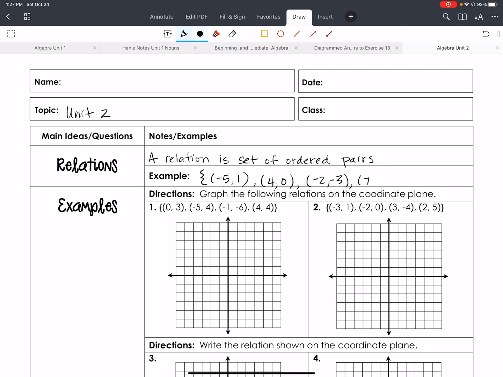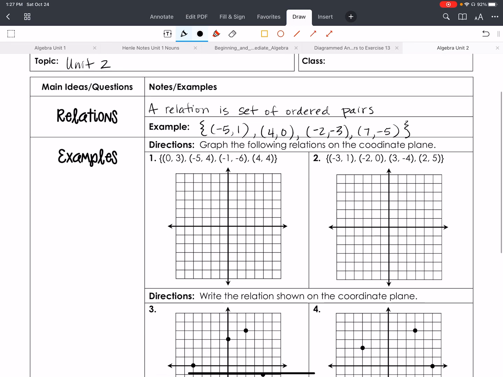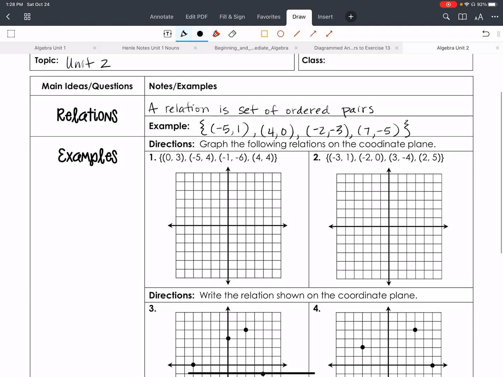So it's just a string, basically, of ordered pairs, like that. And so I'm saying, hey, all of these ordered pairs belong on a single coordinate plane. They're all representing some sort of relation. Graphing these, remember x and then y, we can graph them all on one graph.